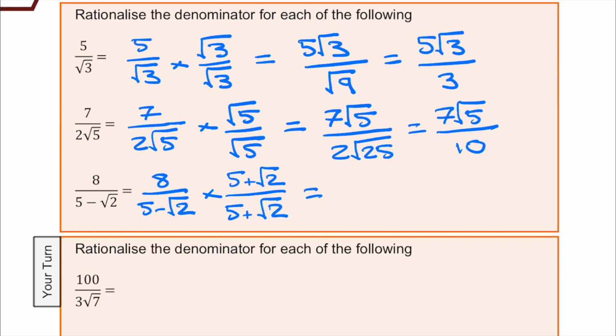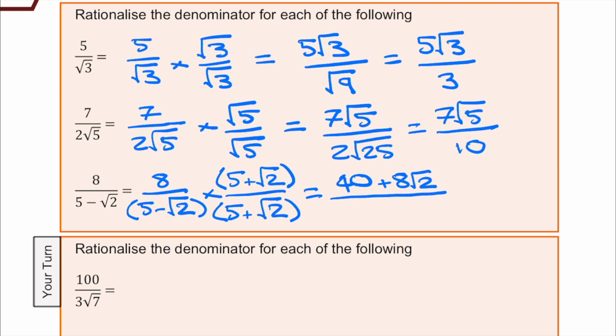Then from there, it's similar to expanding brackets actually. I need to multiply the 8 by all of 5 plus root 2. So I need to multiply the 8 by the 5, which is going to give me 40, but I also need to multiply the 8 by the root 2, which is just 8 root 2. Similar with our denominators, put them both in brackets, we're going to times one denominator by the other.